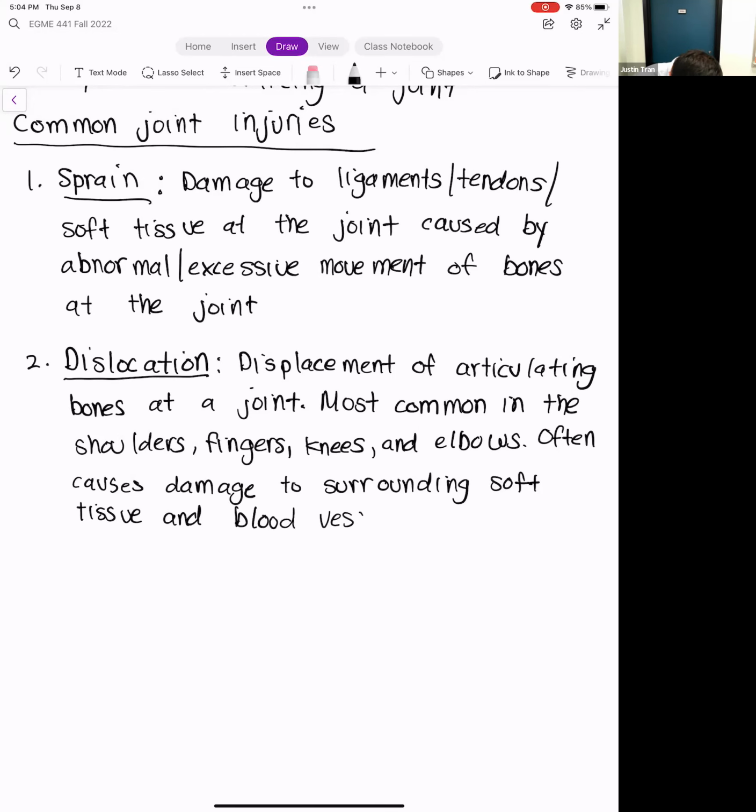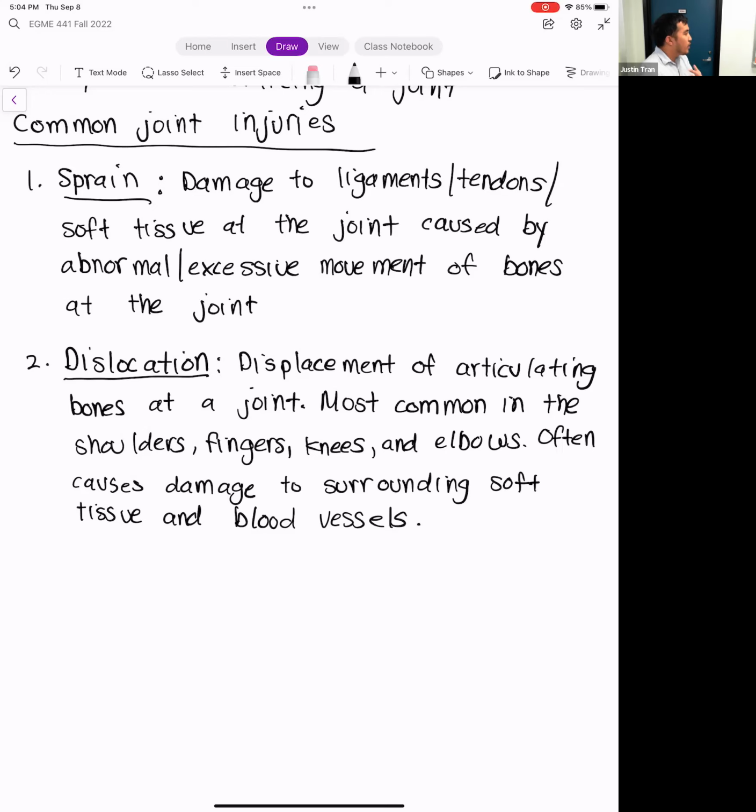If you ever do get a dislocation, generally you're going to want to relocate your bone, so don't just leave it out there. But at the same time, if you've taken any kind of safety training, it's often a bad idea to try to relocate your bone by yourself. It's often best to wait for a medical professional to pop it back into place, because there are ways you can pop your bone back and actually do more damage than good.